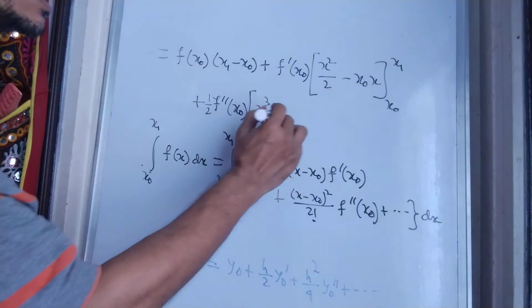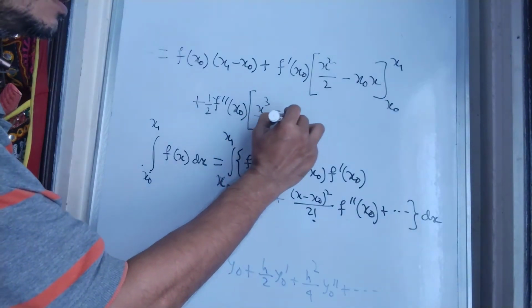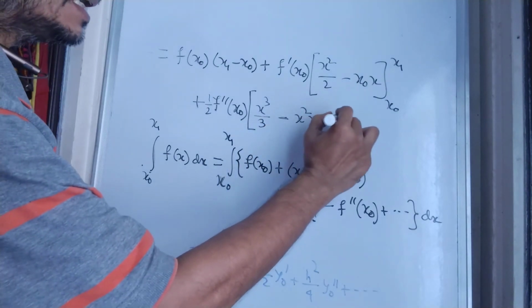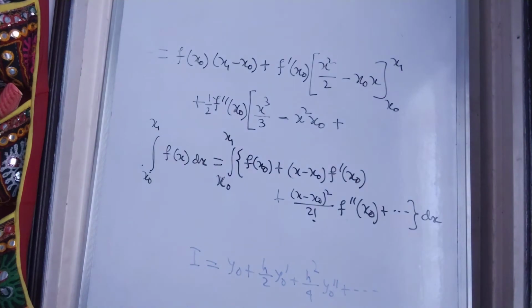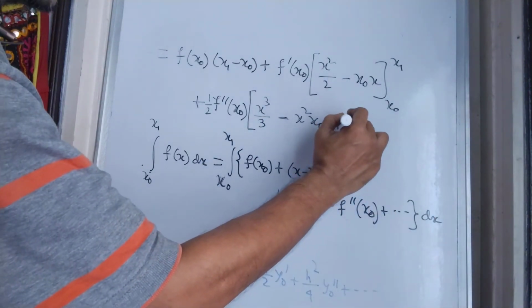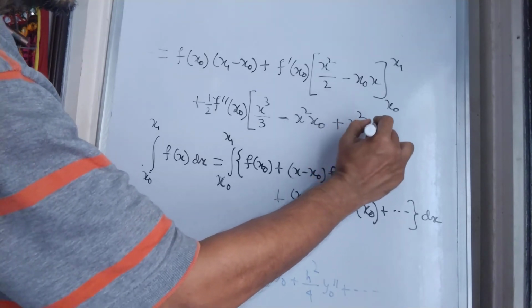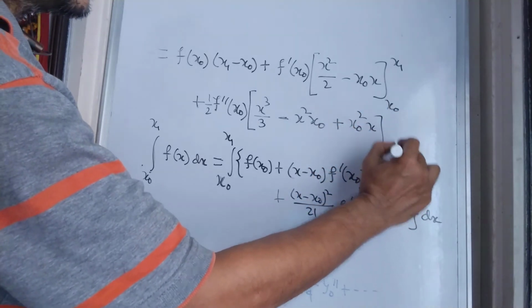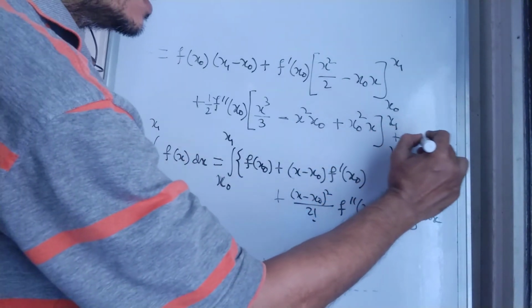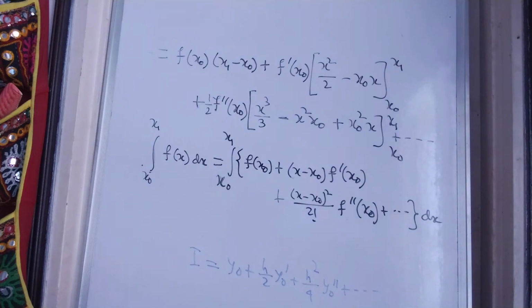So this term, the 2ab term, becomes x square x0. I think it is clear. And the last term is plus x0 square dx. So when integrated, it gives x0 square x. So these are the three terms which we have integrated. And I will just evaluate these three terms.